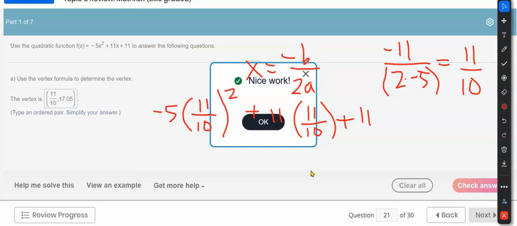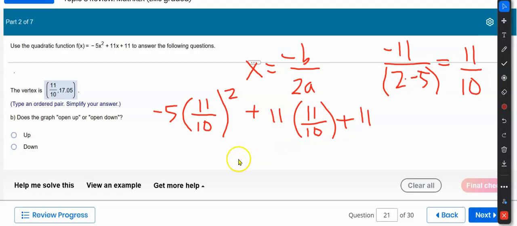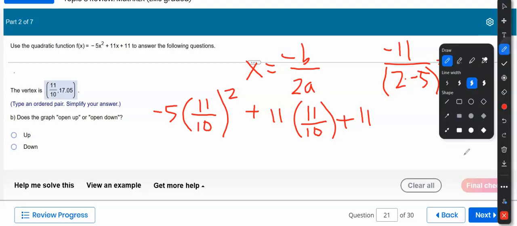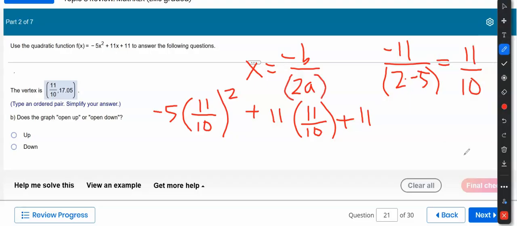Okay, so for the vertex, is it negative b divided by 2a, and then you get the answer? I would make sure that you use parentheses around the bottom. However, if you're using Desmos Scientific to do this, it always creates a vertical fraction, so you don't have to worry about the parentheses on the bottom.